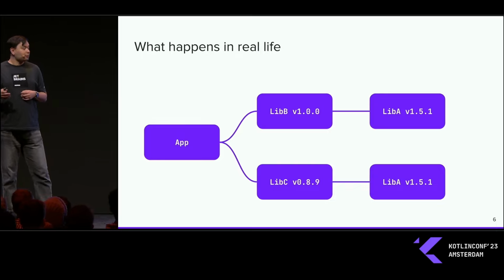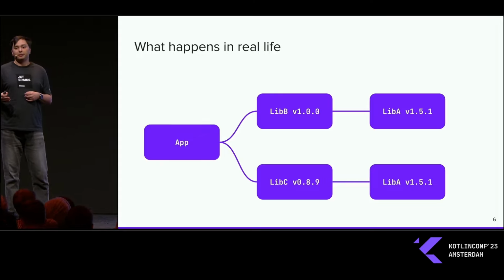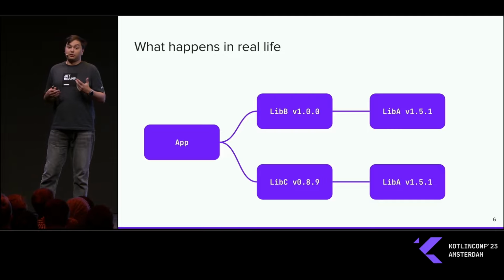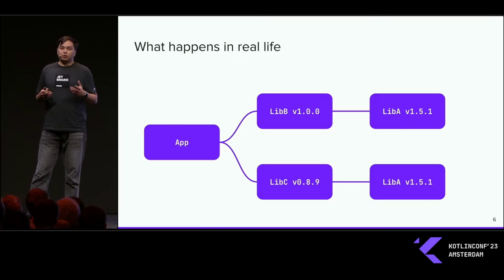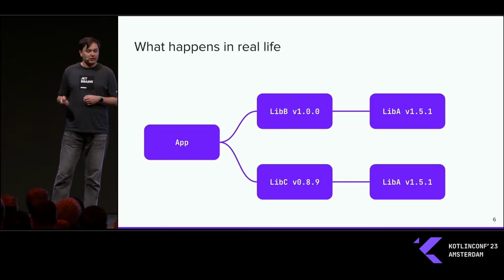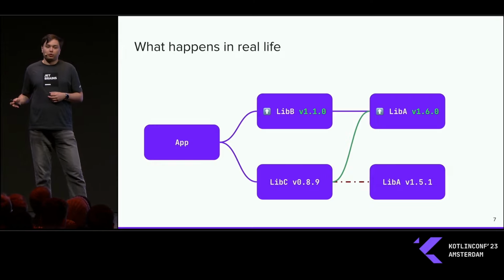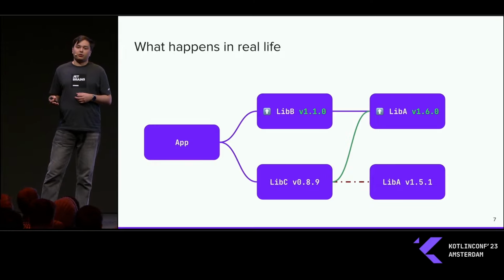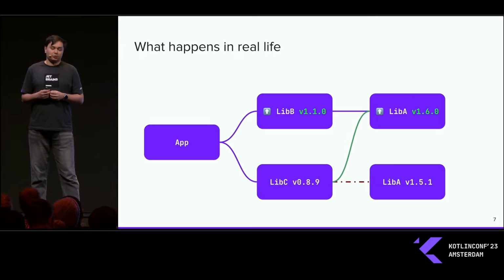You have a library A that gets into the application dependencies not directly but as a transitive dependency. In this graph, we have a library B and library C that both depend on library A. What happens if the application developer updates to a new version of library B that depends on a new version of library A that, as we know, has some incompatible changes?